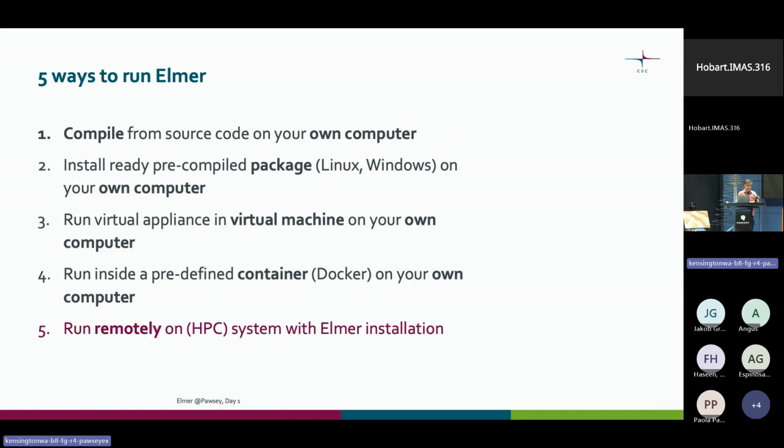There are recipes on the GitHub repository on how to build yourself a Docker container of Elmer. Or if you're doing HPC, generally you will run it remotely, where some guy has been spending sleepless nights to install Elmer, like Onyx or Lumi. That is the thing we're doing tomorrow, actually.